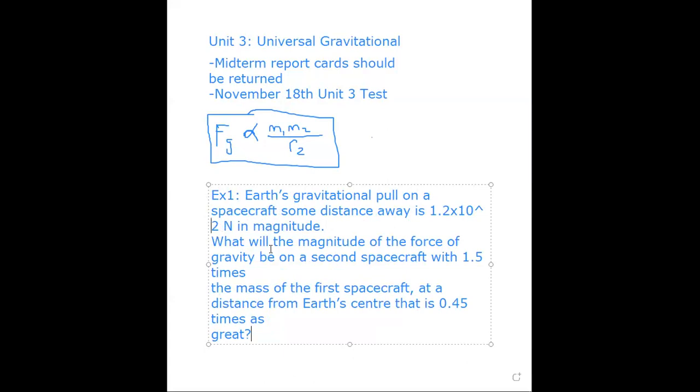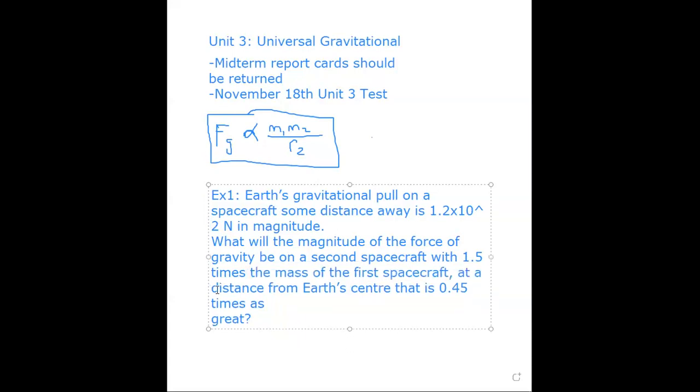So the question asks, what will the magnitude of the force of gravity be on a second spacecraft with 1.5 times the mass of the first spacecraft at a distance from Earth's center that is 0.5 times as great? So it's a lot of words, but they're basically saying if you have two objects that are some distance away, what is the force of attraction between the two objects?